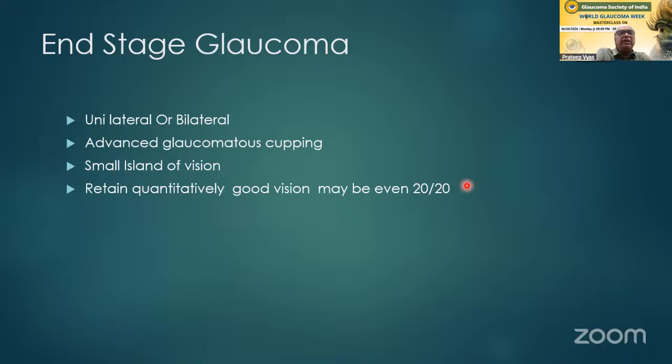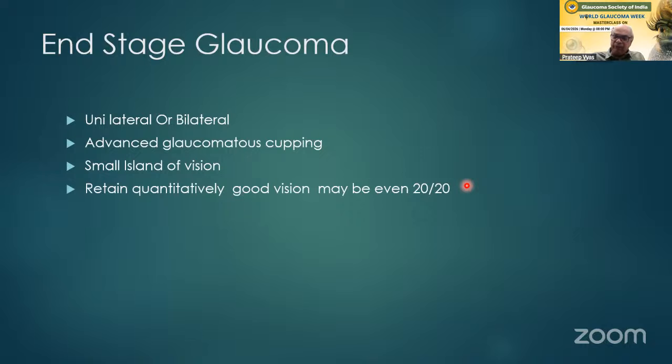So the most important thing is that many of these patients have a unilateral condition. And all of us know that glaucoma is an asymptomatic disease, so they are not able to realize that they are losing vision in the one eye. And when they present to a doctor, it's at a very advanced stage or an end stage, and the other eye is the normal eye.